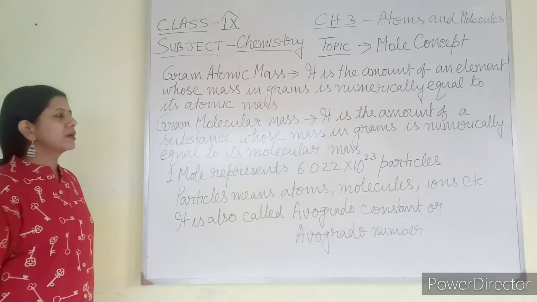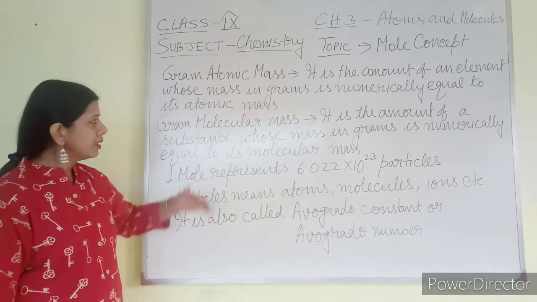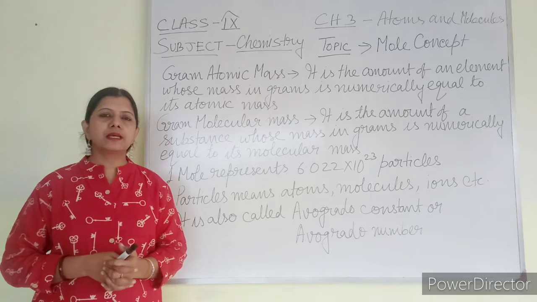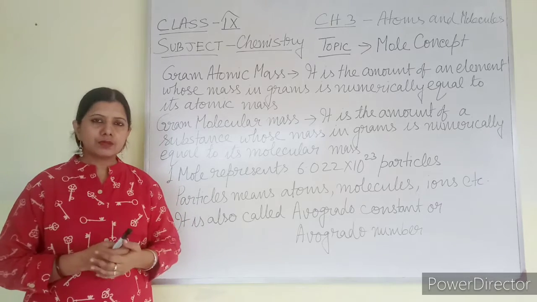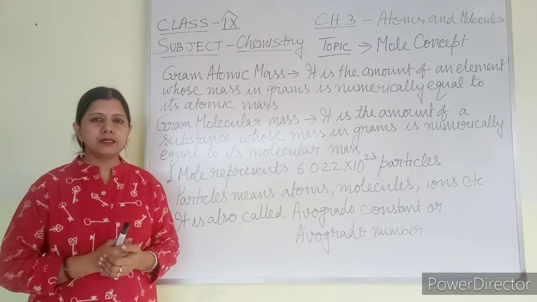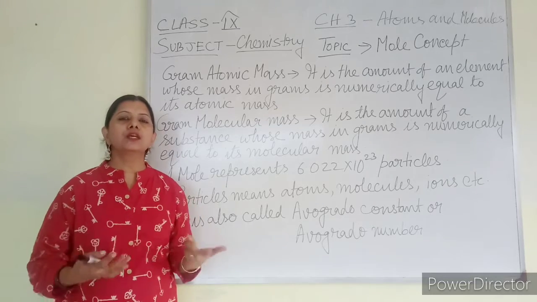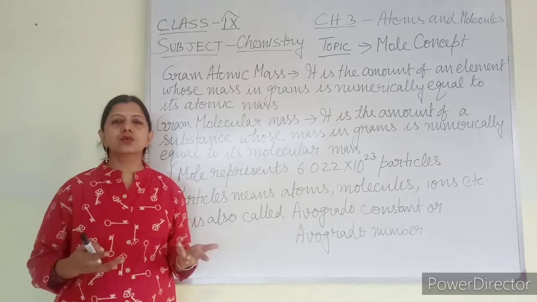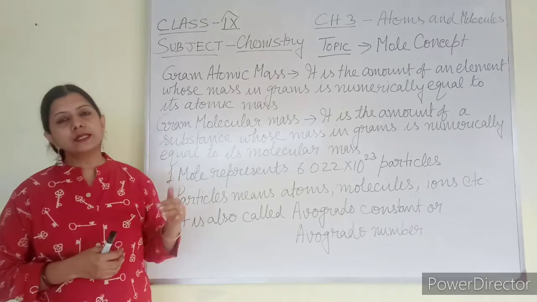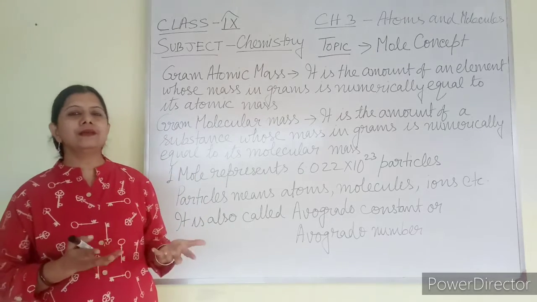Similarly, gram molecular mass. Gram atomic mass is applicable for atoms of an element, and gram molecular mass is applicable for molecule of a substance, molecule of a compound, or even it can be molecule of an element.